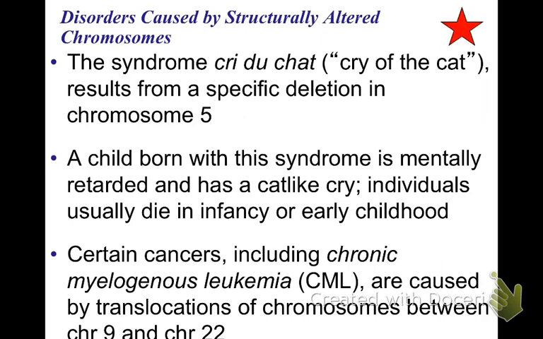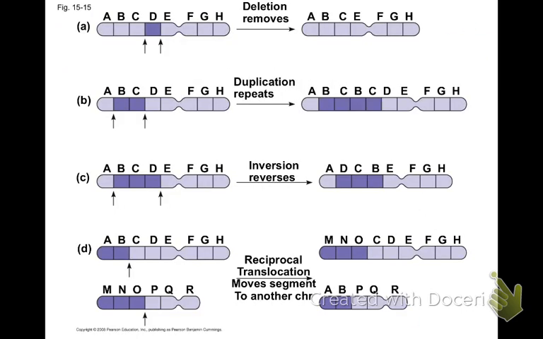Okay, then disorders caused by structurally altered chromosomes. The syndrome called Cri-du-Chat, or cry of the cat, results from a specific deletion in chromosome 5. If you look back here, the deletion I was talking to you about, think of this as chromosome 5, and a deletion takes place, you will end up having Cri-du-Chat as your outcome.